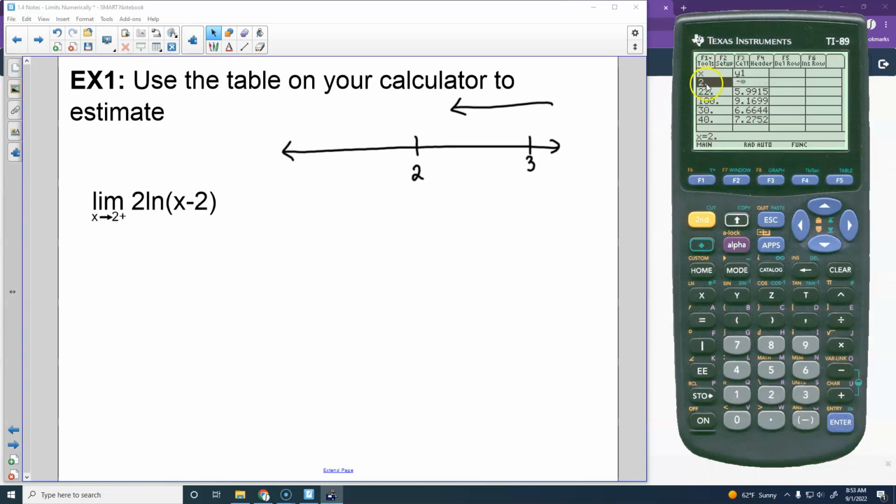And a lot of times when you type in 2, do you guys get negative infinity or do you get error? Undefined. Okay, I remember running into this last year, and I thought it would give you undefined. This is actually a really good answer right here, negative infinity. But usually that does not show up.